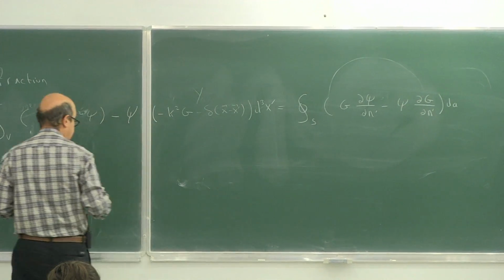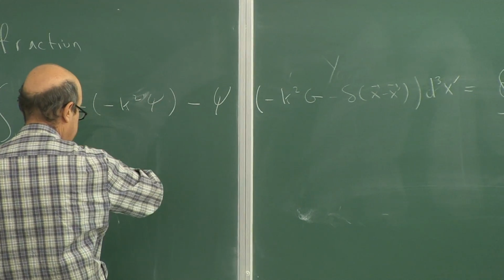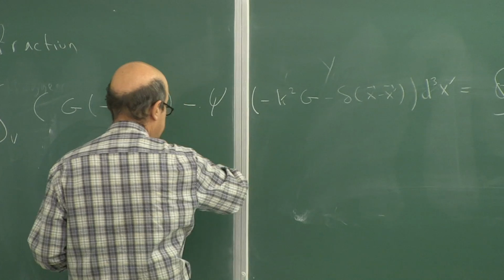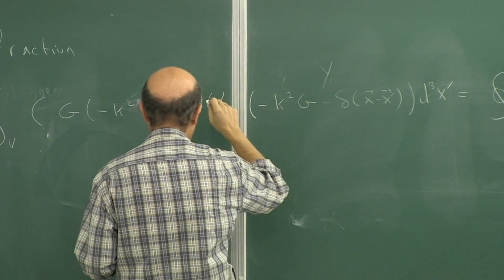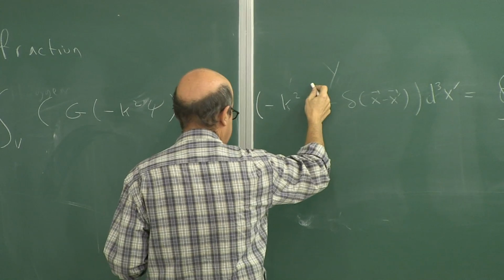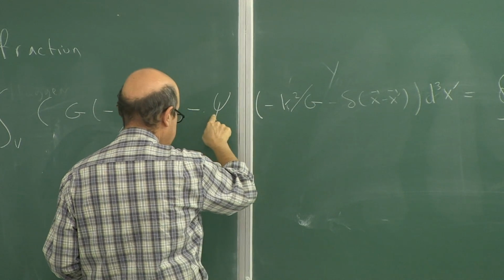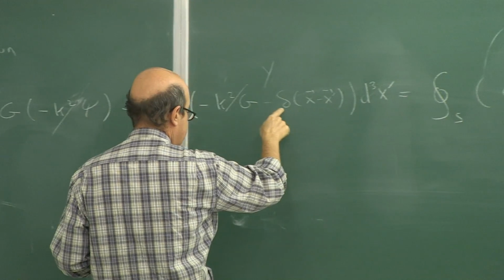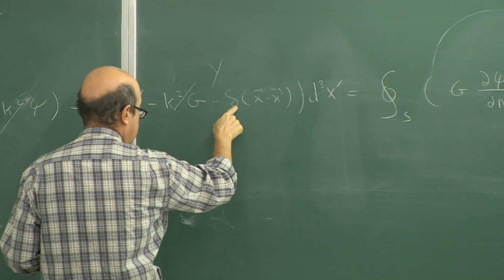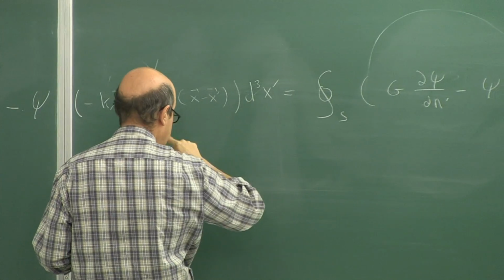So if you look at the left hand side, we have minus k square Green's function times psi, and plus Green's function k square psi. That term will be cancelled, and then you will be left over with minus psi times minus plus delta function x minus x prime integrated d cube x prime.